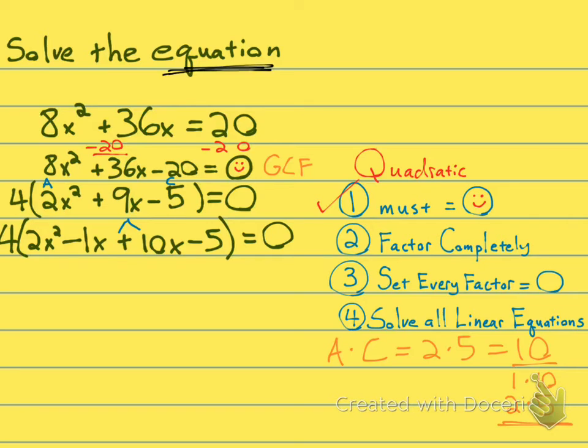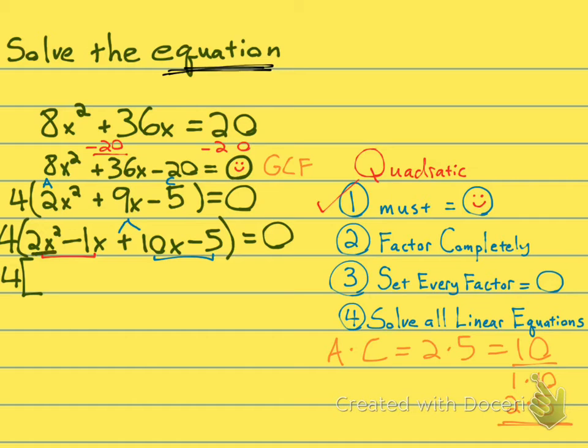Okay, AC method. I split up the middle term, and now it's factor by grouping. Factor by grouping is Spider-Man colors, red and blue. Let's look at the red group. What's the greatest common factor of the red group?